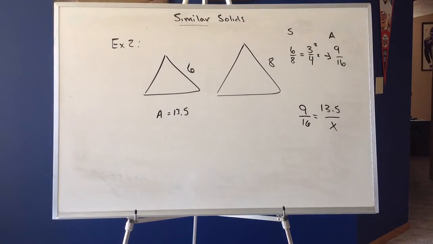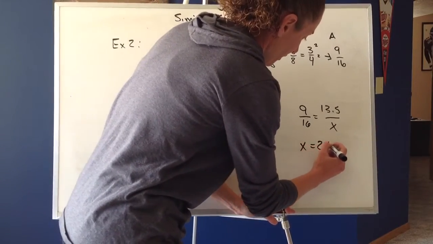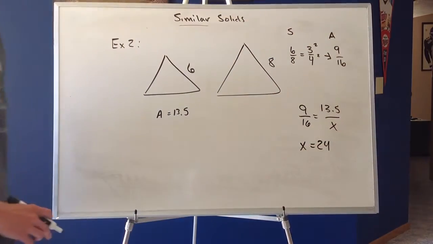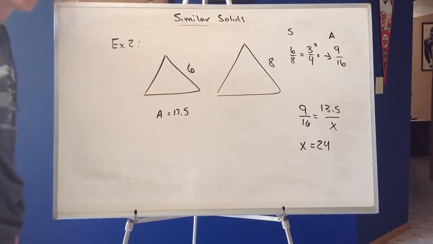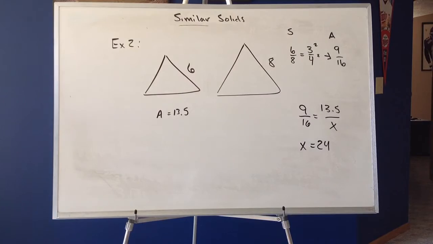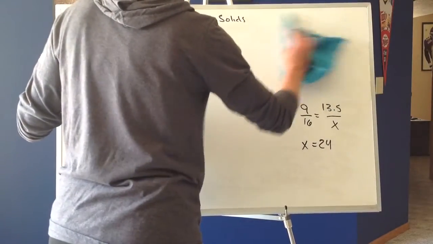Again, normal proportion, go ahead and cross multiply, and you should end up with 24 for the area of the bigger guy. Okay, so again, still setting up proportions, you just have the one extra step where you had to square the ratio. So you could work with area instead of one dimension, which was our side.